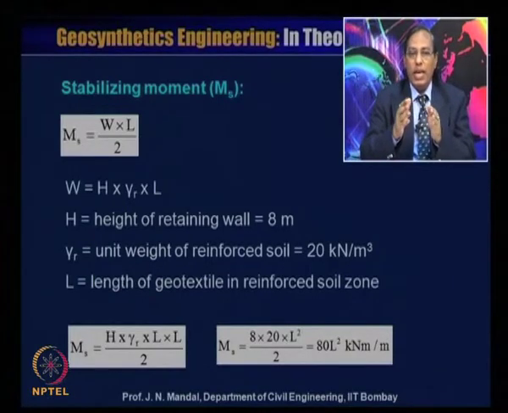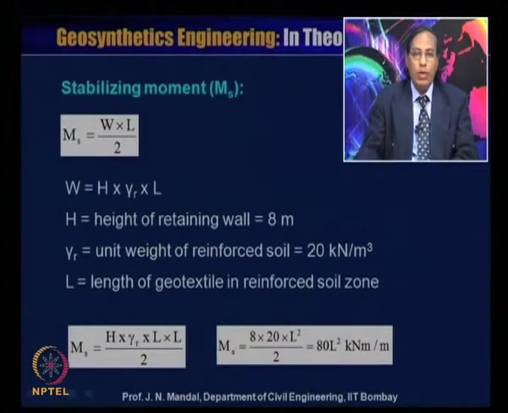W is equal to H into gamma R into L, where H is 8 meter, gamma R is 20 kilonewton per meter cube, and L is the length of the geotextile. So MS is equal to 8 into 20 into L square divided by 2, which gives the stabilizing moment MS is equal to 80 L square kilonewton meter per meter.